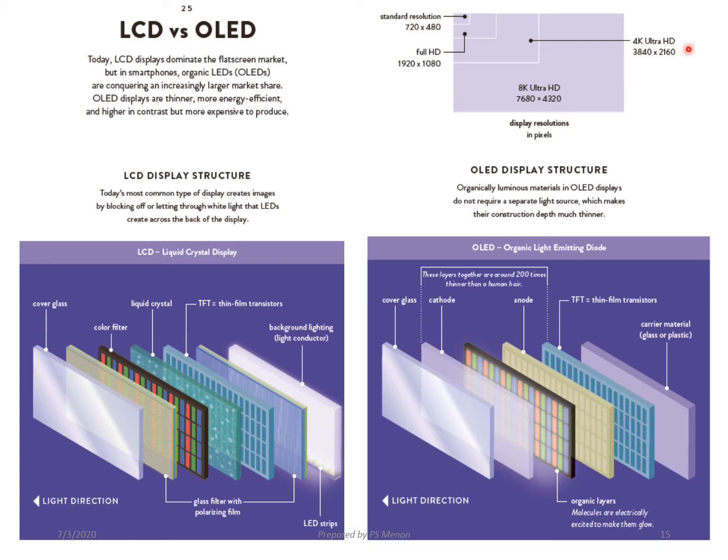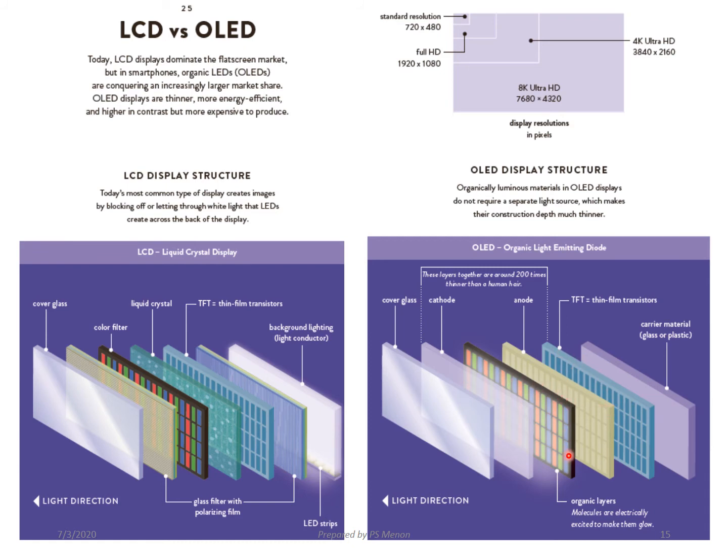Whereas in the OLED display structure, we have organically luminous materials. It does not require a separate light source, which makes the construction depth much thinner. So you have a carrier, glass or plastic, and then a thin film transistor, and then an anode.